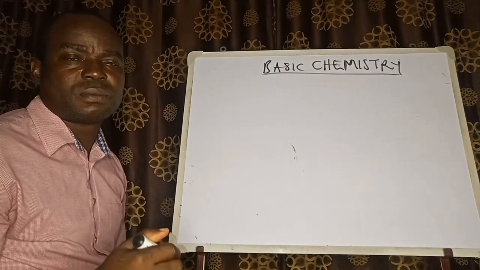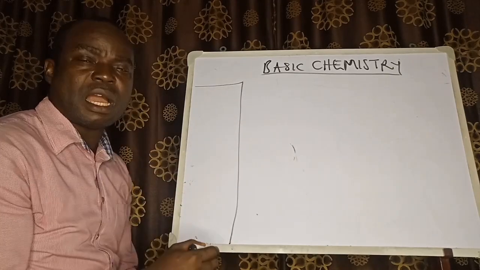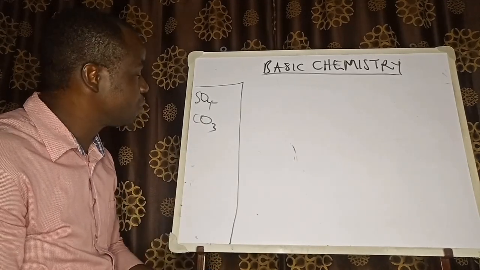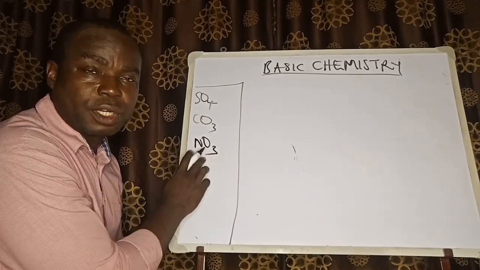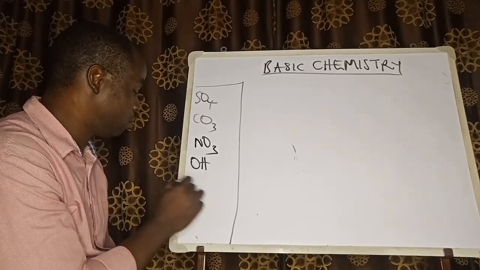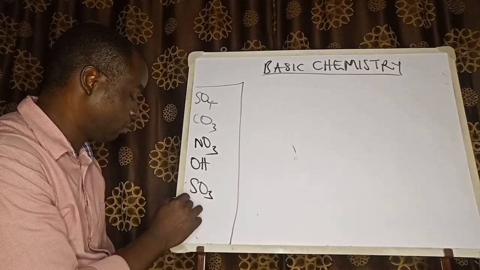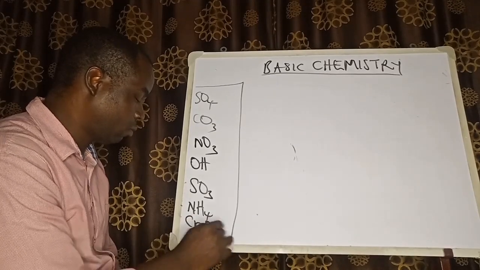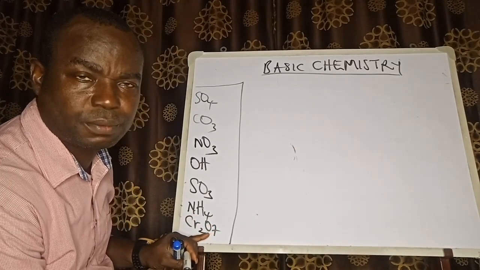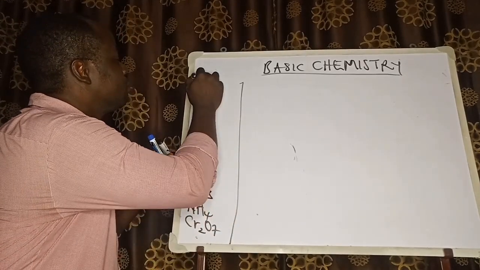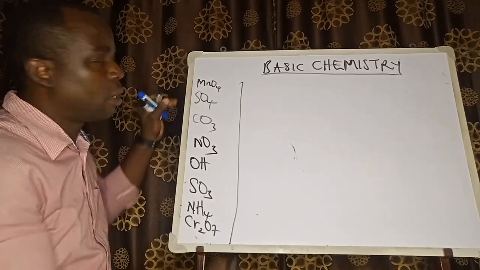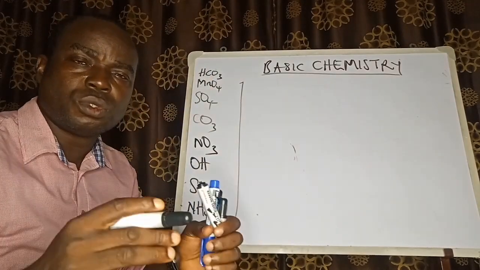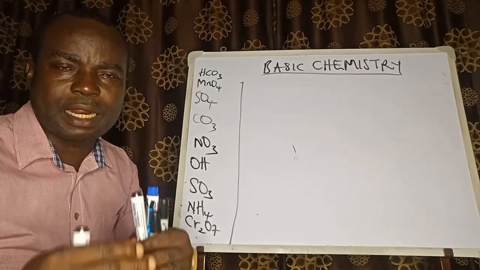I gave you some radicals, like SO4, CO3, NO3, OH, SO3, NH4, this one is Cr2O7, then MnO4, and finally HCO3.